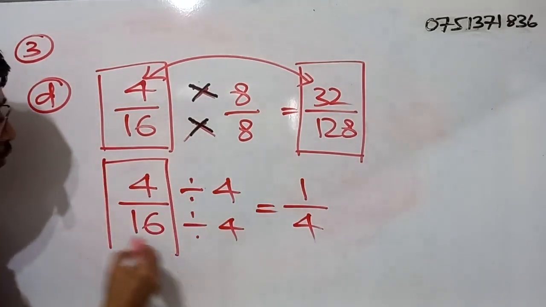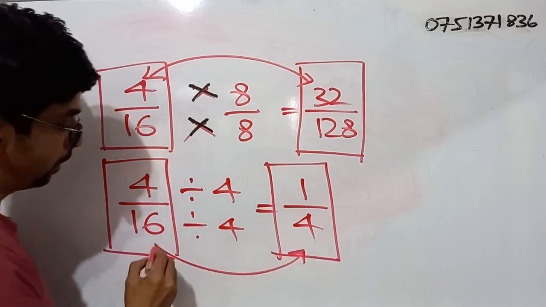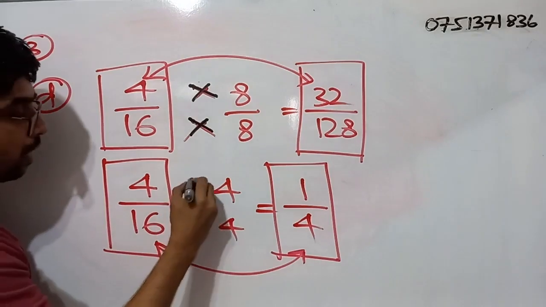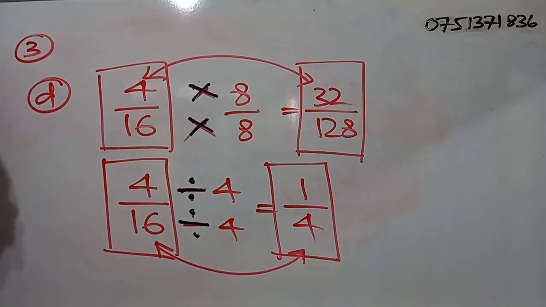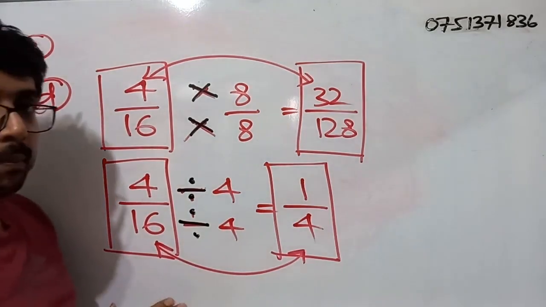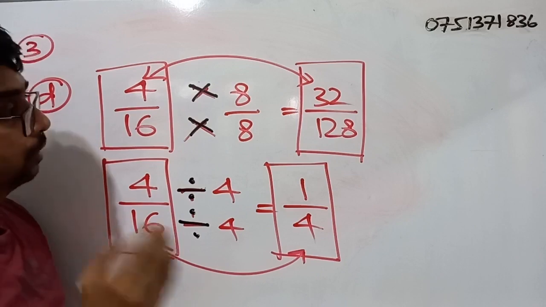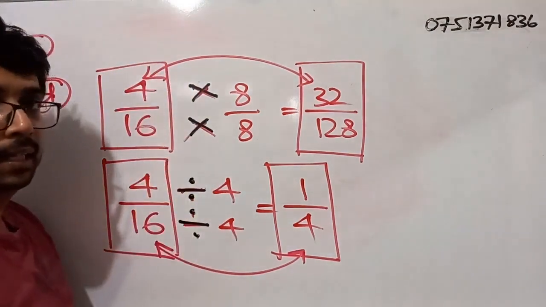Now 4 by 16 and 1 by 4 are what? Equivalent fractions. Right? So here we have used what? The division method. So kindly note that the answers may be different depending upon the whole number that you choose either to multiply or divide.